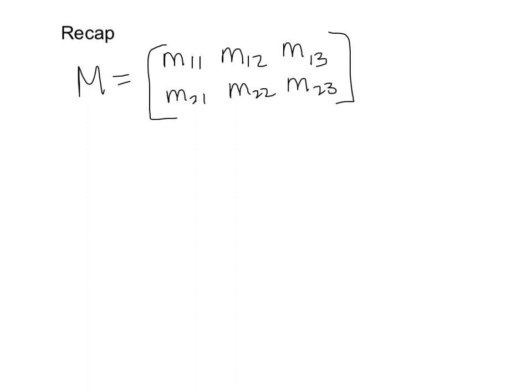Remember that your matrix has dimensions that are always rows by columns. So in this case, it's a 2 by 3 matrix. And each of those entries has an address based on the row they're in and the column they're in.